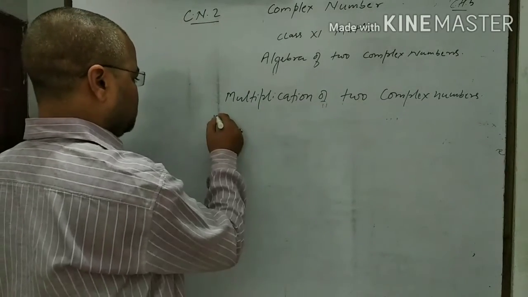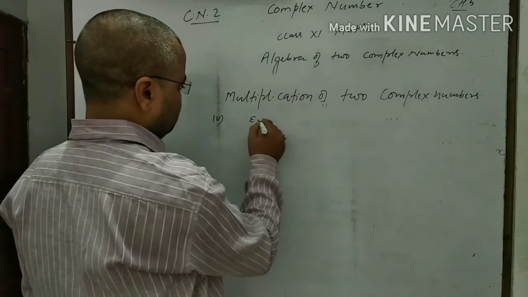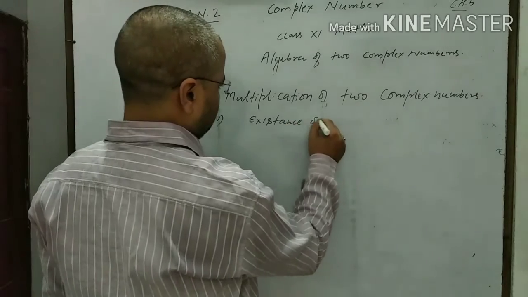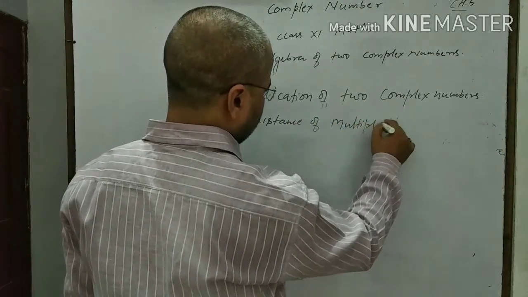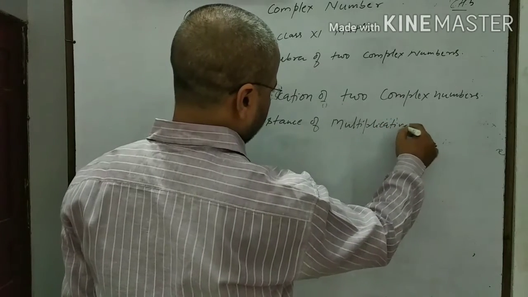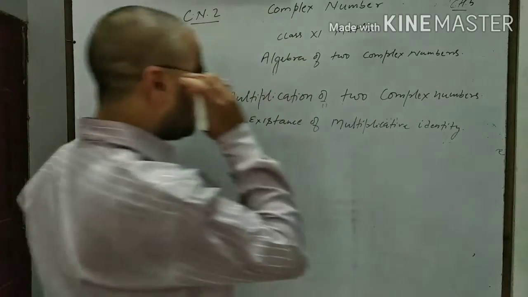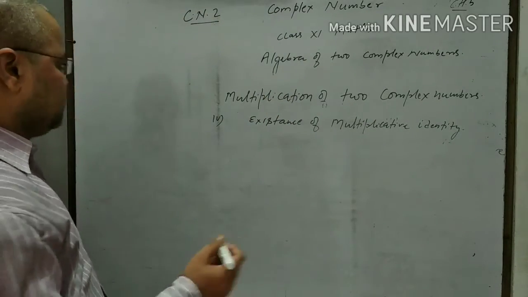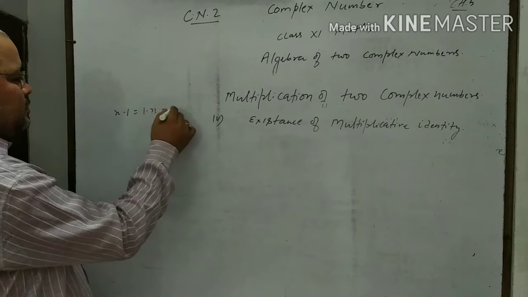The fourth one: existence of multiplicative identity. Just like x into 1 is equal to 1 into x is equal to x.